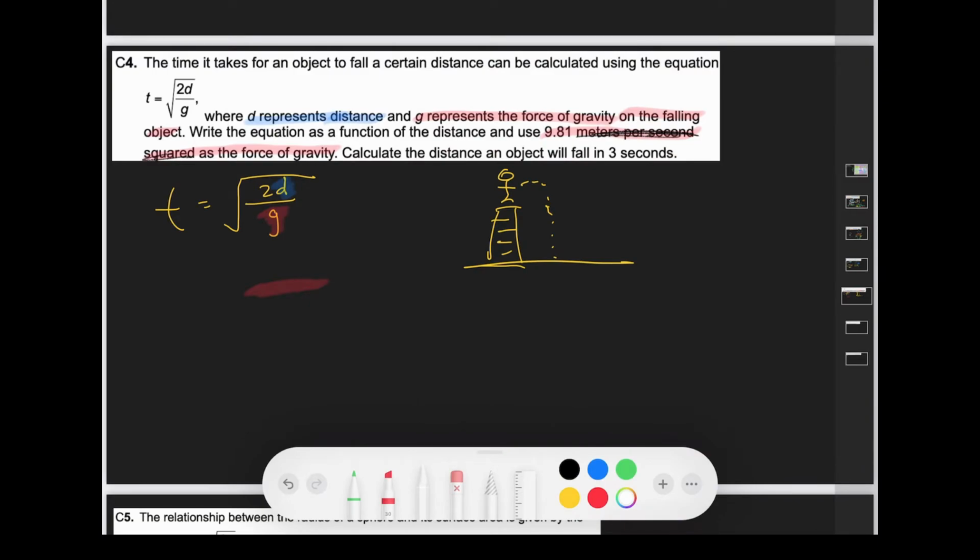Okay, so it says calculate the distance. Okay, now we gotta look at this. Calculate the distance. So they want to know what d is equal to, when an object will fall 3 seconds.